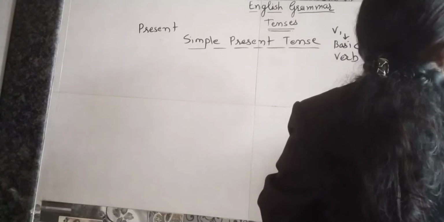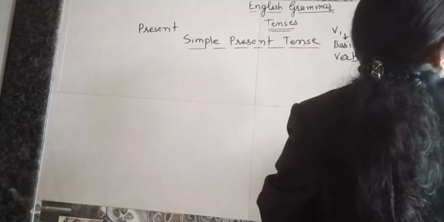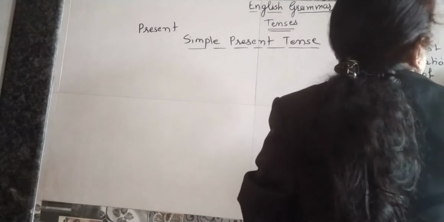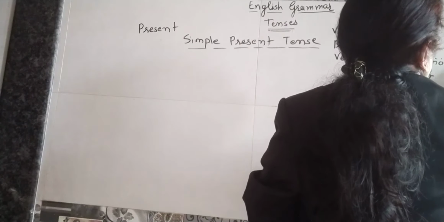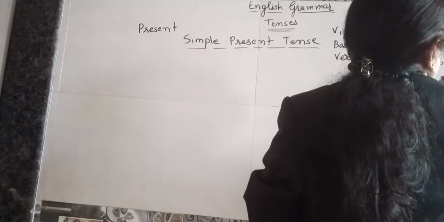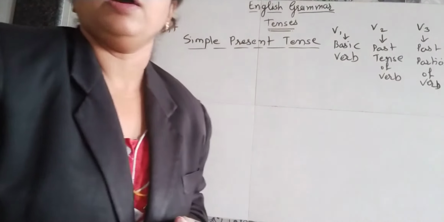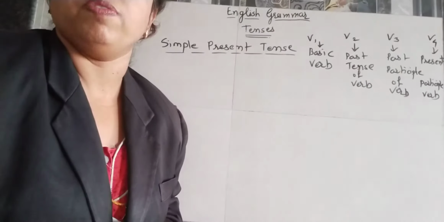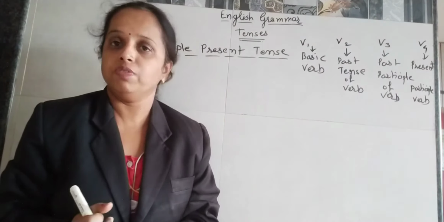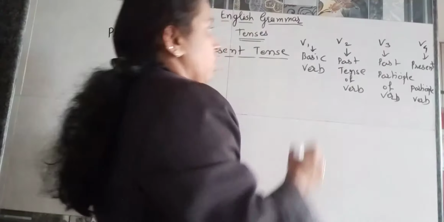And V4 is the present participle of the verb. So these are the categories of the verb.